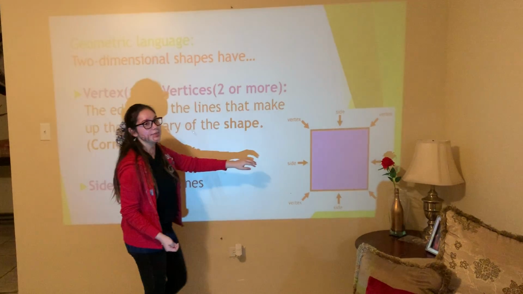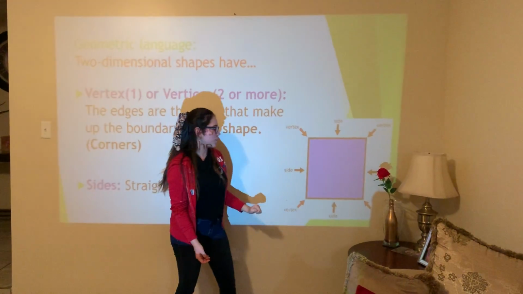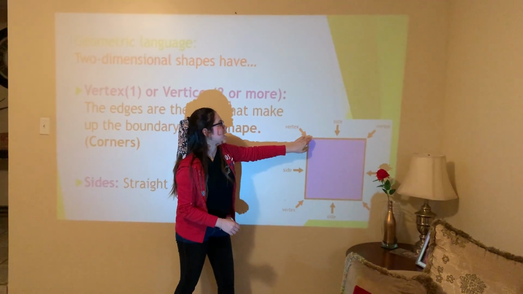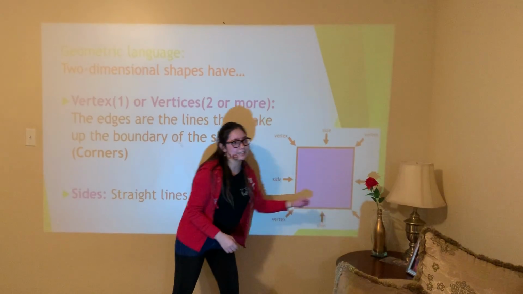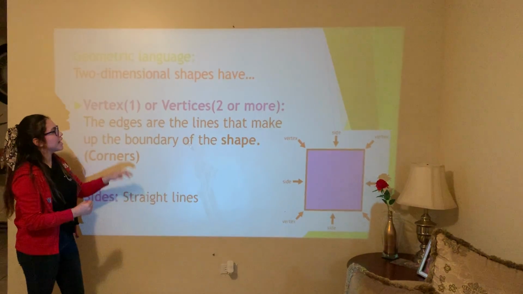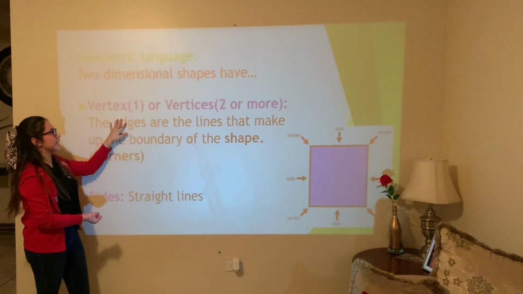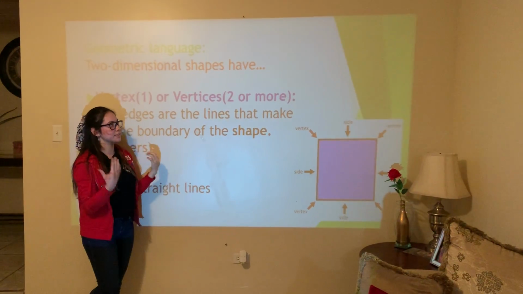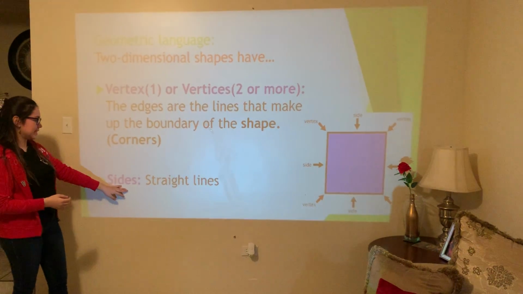Here in this square, we have the corners of the square. So in this case, the square has 1, 2, 3, 4 vertices. As I said before, the geometric language is vertex, but in simpler words it is corners.